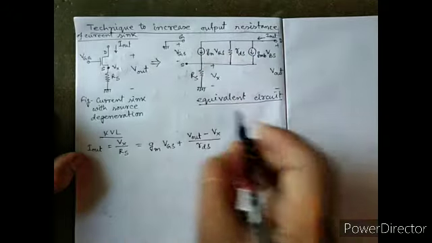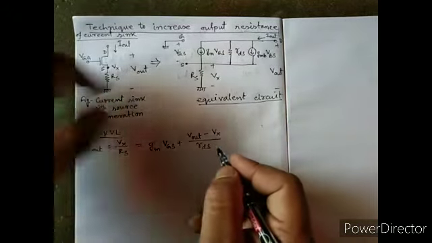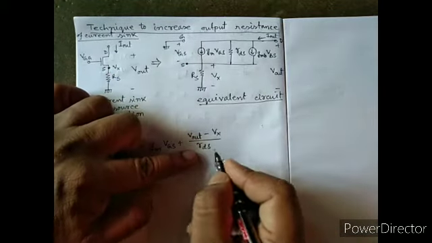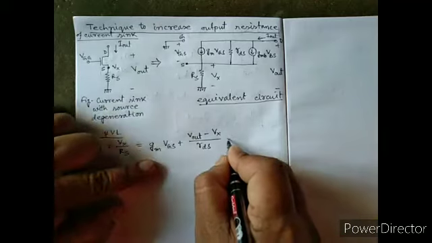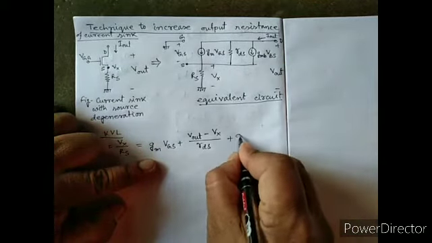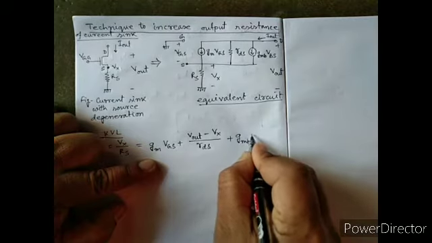These are in parallel, so the current passing through RDS is V out minus Vx by RDS, plus the current passing through this branch, GMB VBS.